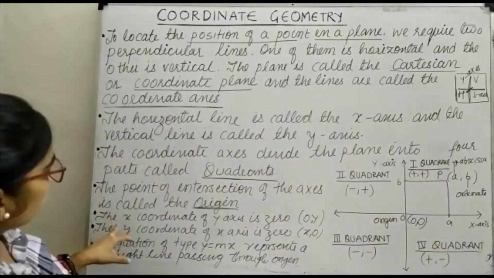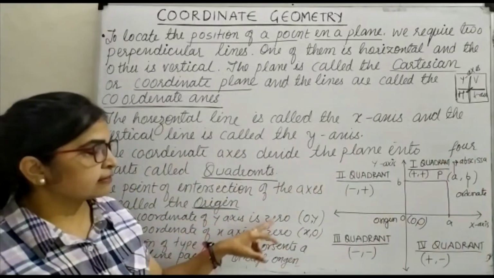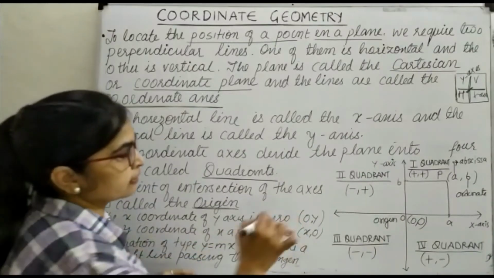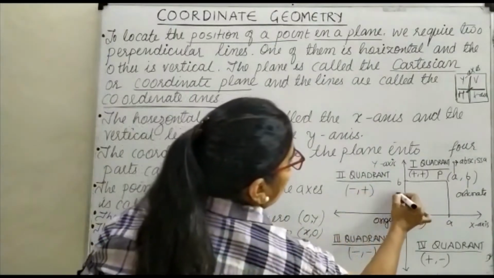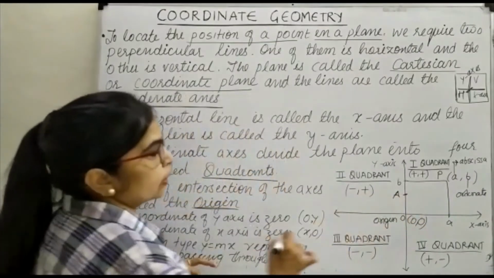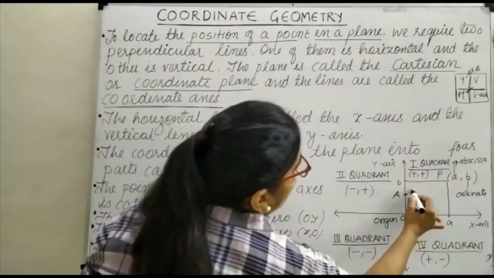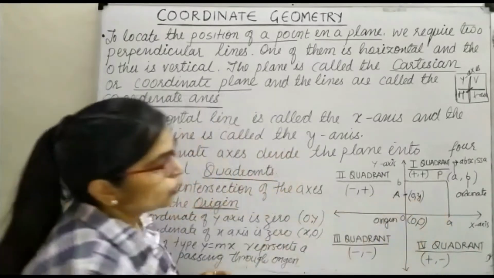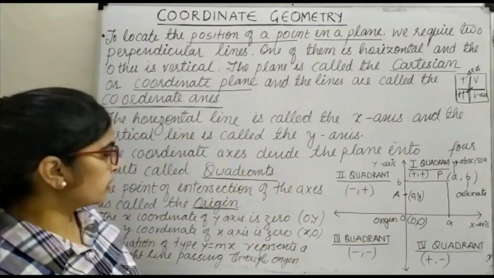Next, the x coordinate of any point on the y-axis is 0. Suppose this is a point A; its x coordinate will be 0 and the y coordinate will be whatever value is given.